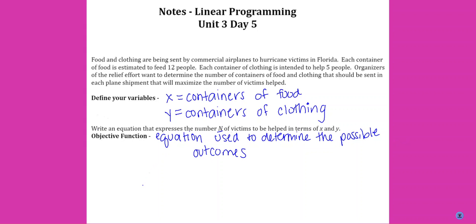In this situation, it would be n equals 12x, because each container of food helps 12 people, plus 5y, because each container of clothing helps 5 people.